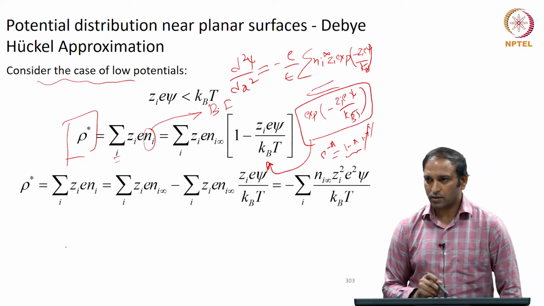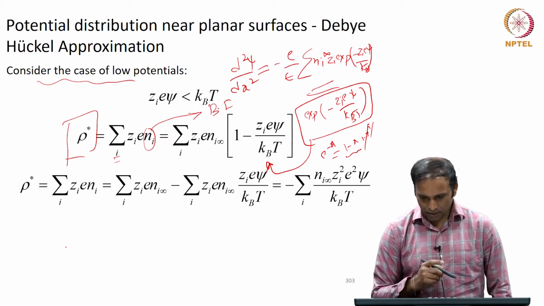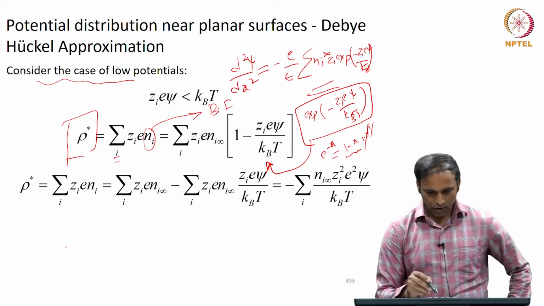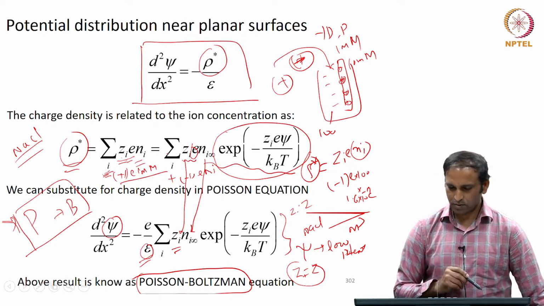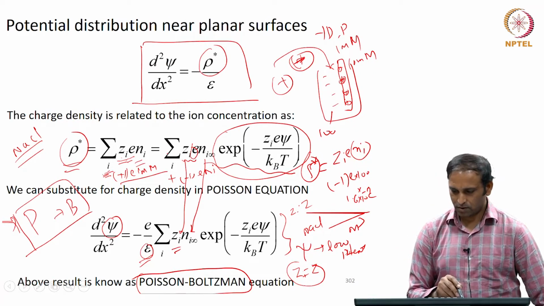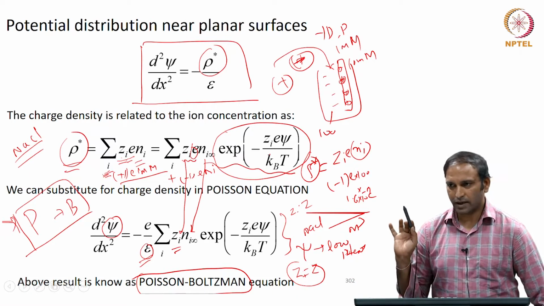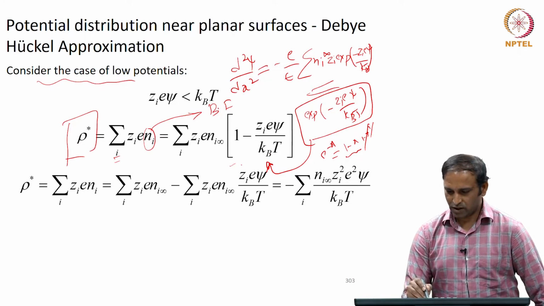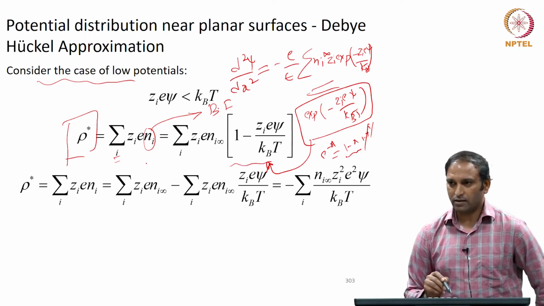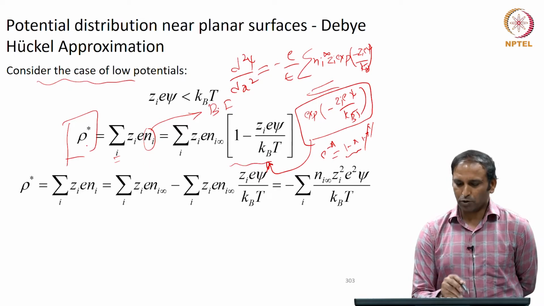No. So, if you look at this, I am only talking about this term. That will give you 1 minus Zi E psi by kBT. I am only talking about the rho star.